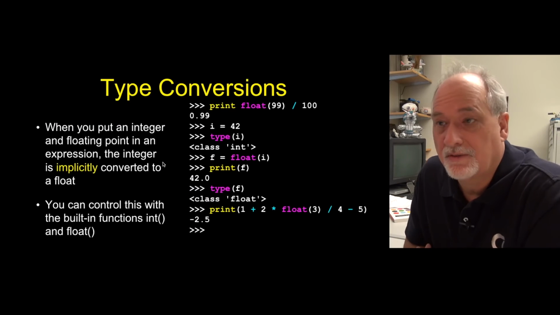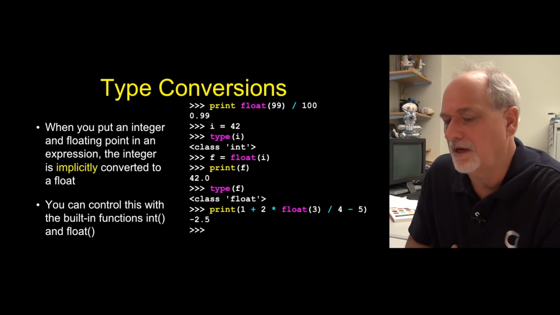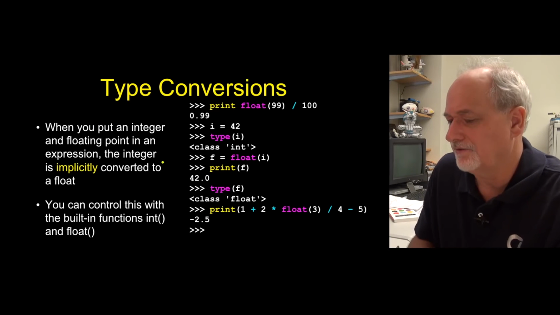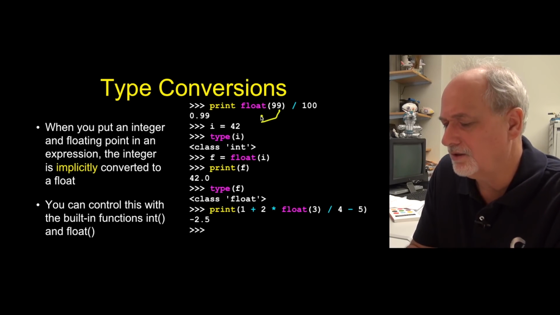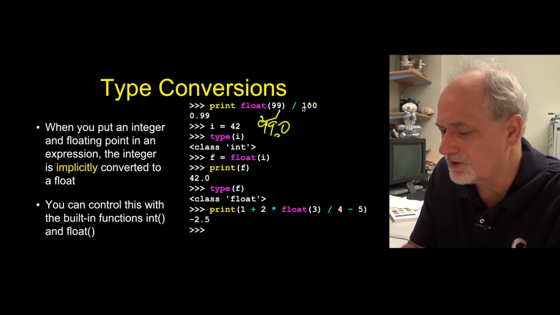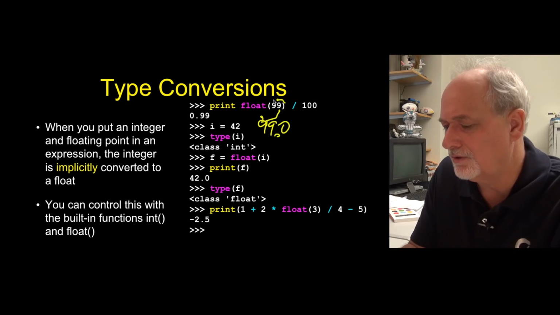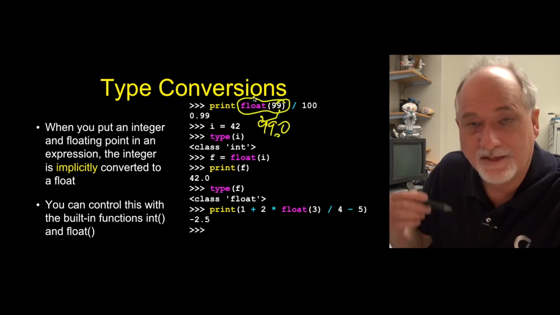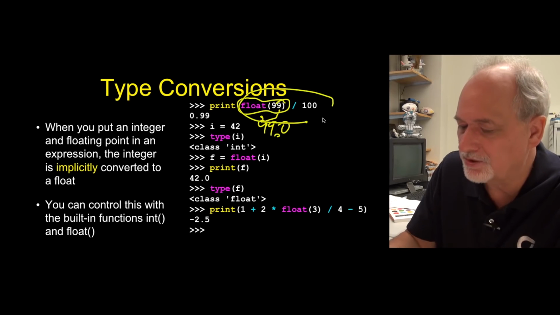Now we've been using built-in functions already. We've got type conversions, like float that takes an integer and returns a floating point version of that. And again, this is kind of like an expression. I want to divide this by 100, but before I do that, I've got to convert it to a float. So it has to do these function calls as it's evaluating the expression.